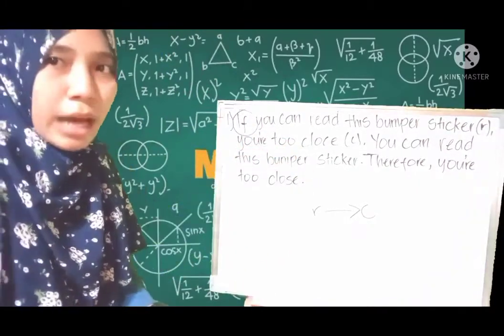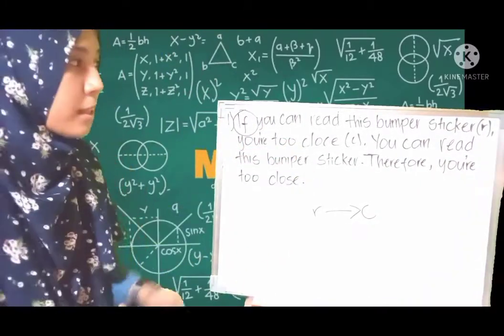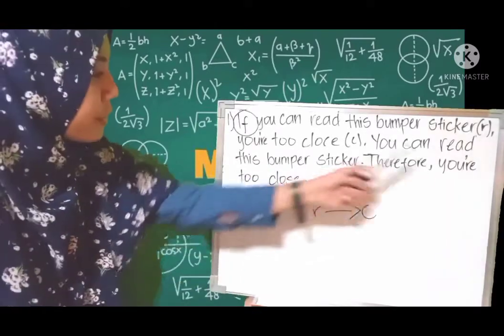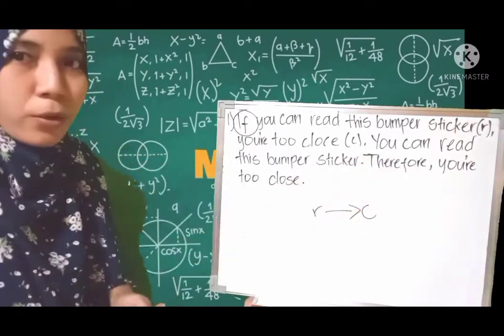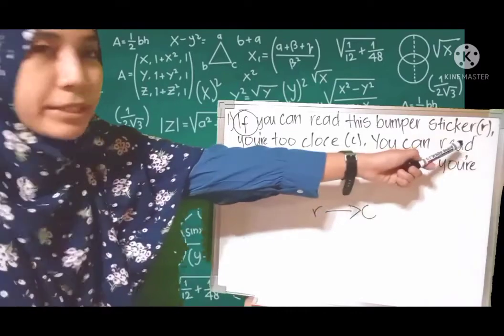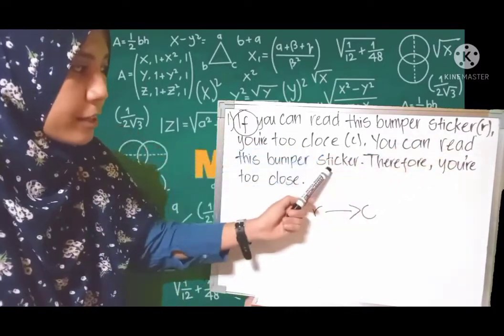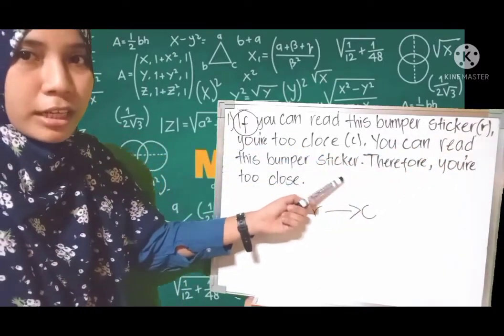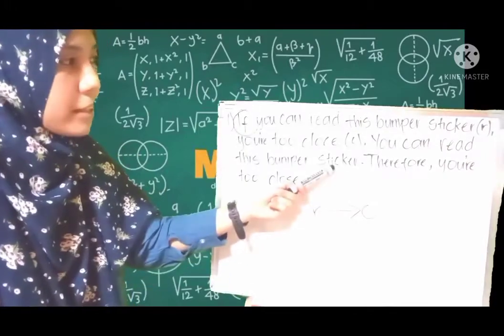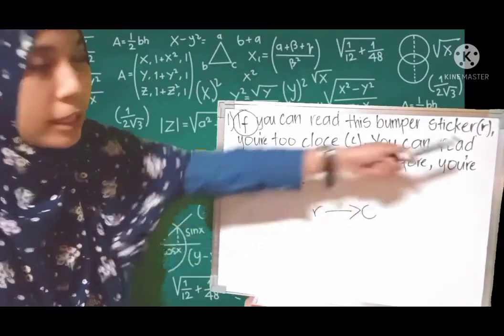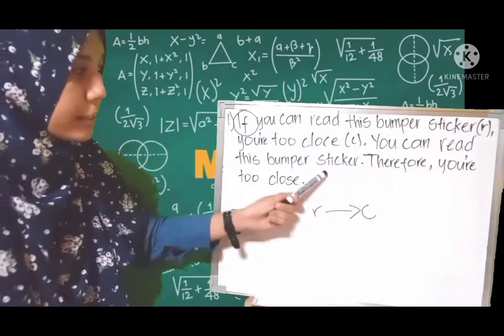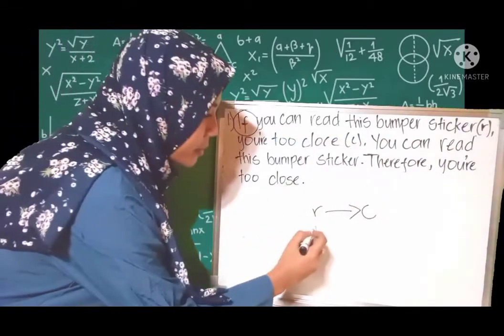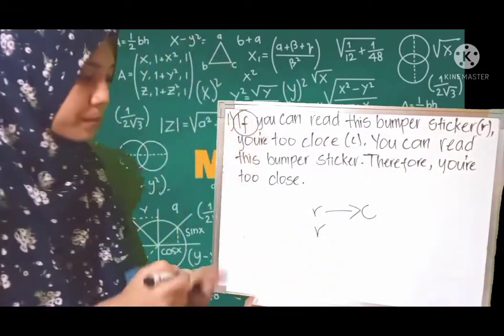Now, let's proceed to the third naman is, you can read this bumper sticker. So, ang sticker is, nag-represent na siya ng letter R. Kahit walang nakasulat is, understandable naman na nag-represent siya ng letter R, sticker. So, isusulat natin dito.